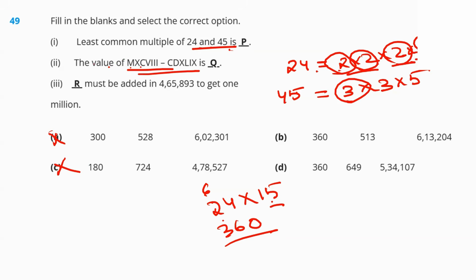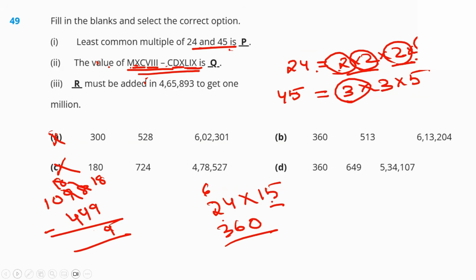MX, that's 1000, 1090, 1098 minus, this is how much? 449. That gives you how much? 9 becomes 8. 18 minus, okay, sorry. 9 becomes 8. 8 minus 4 is 4.